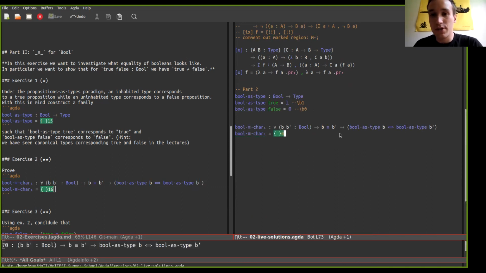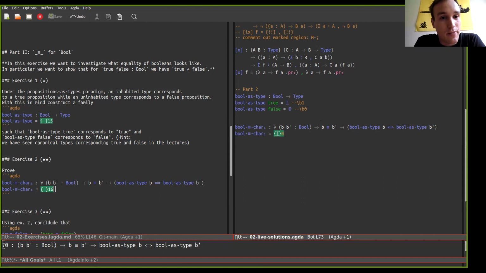If we have two Booleans and equality between them, then we have an inhabitant of Boole's type of B if and only if we have an inhabitant of Boole's type of B prime. Those are equal if and only if, if we read it as propositions as types, if this is true and this is false. Okay, any suggestions on how to do that?